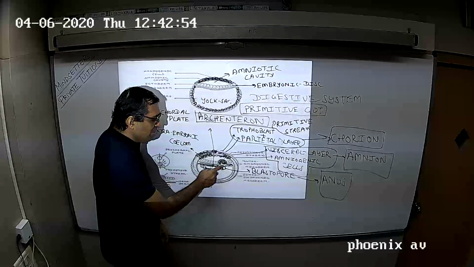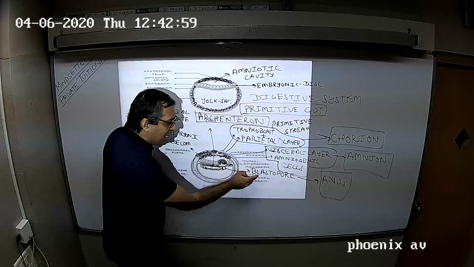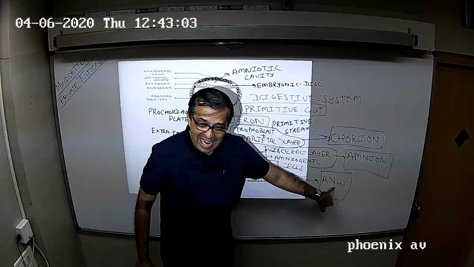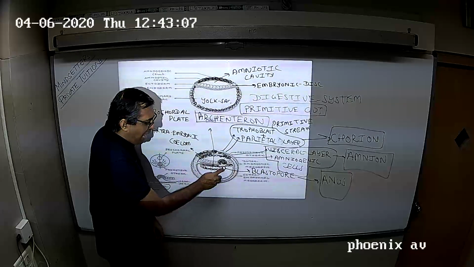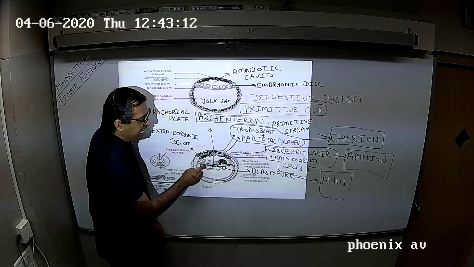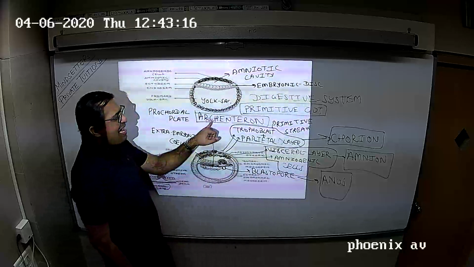And endoderm cells के अंदर एक छोटा cavity बनता है called the blastopore. Blastopore forms the future anus, and then the endoderm cells multiply all along the anus to form a cavity which is called the archenteron.